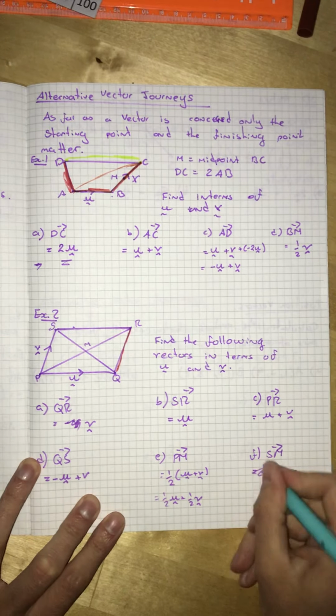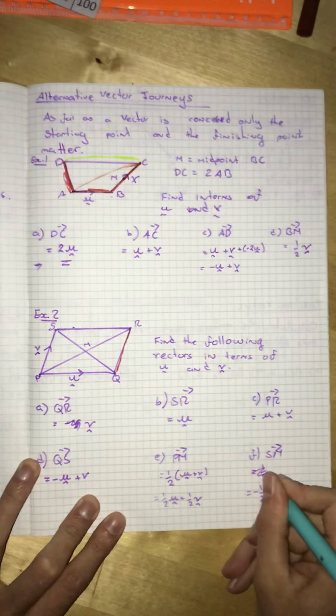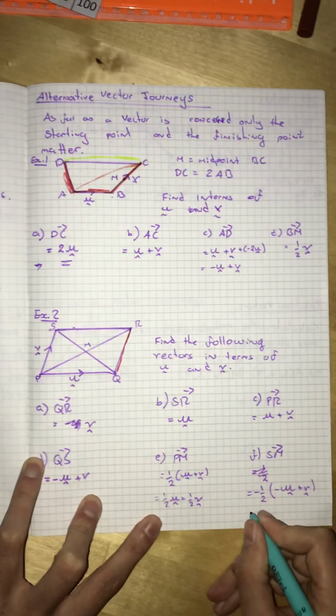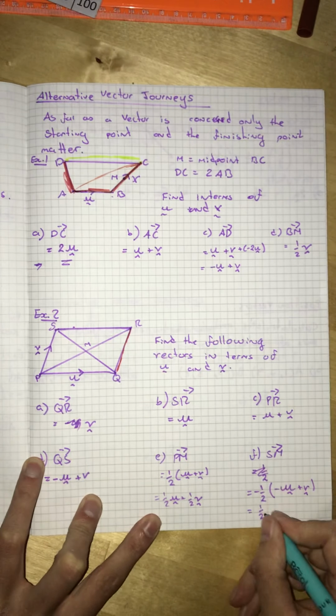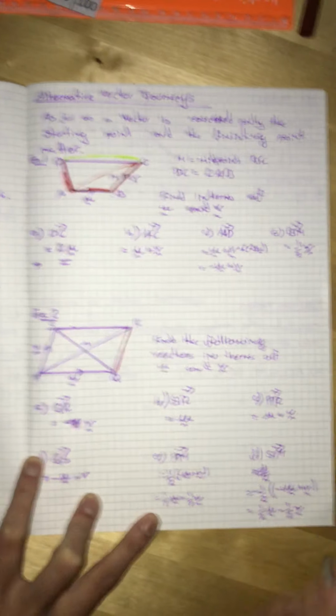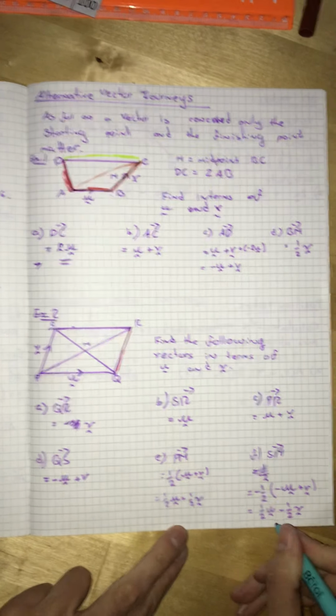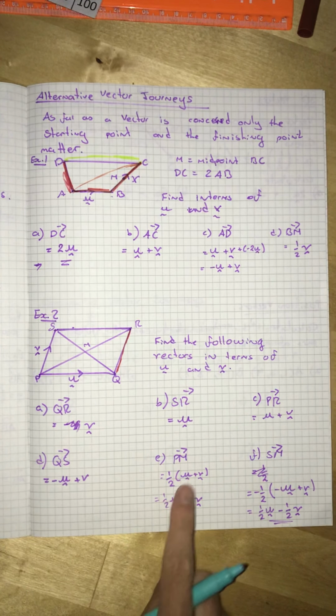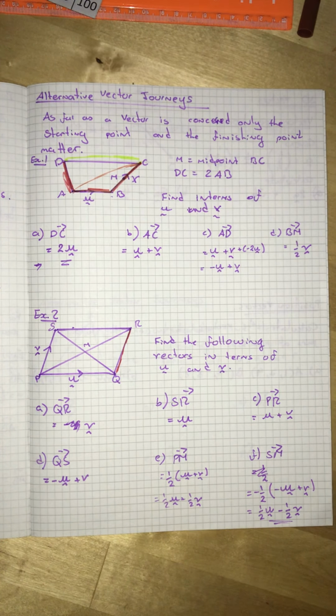So it's actually going to be negative a half times negative U plus V, which will break out to be a half U minus a half V. Okay, but we'd have got there the same way if we'd done negative V plus a half U plus a half V. It would have come out with the same answer. Okay, so that is alternate vector journeys.